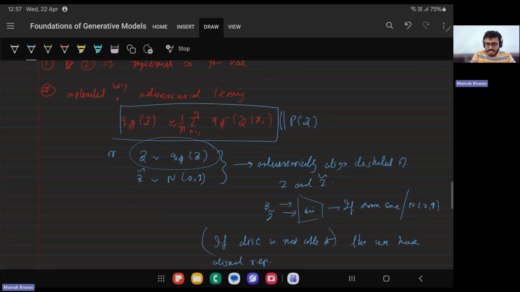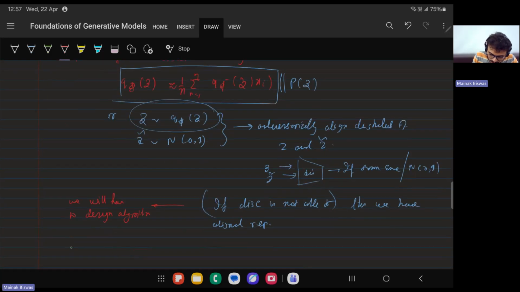And we'll have to design algorithms to ensure that the discriminator is not able to distinguish. Let's see, we'll do it when we learn about adversarial networks.